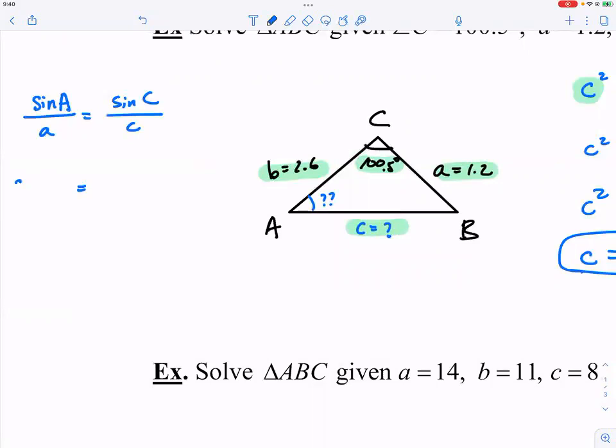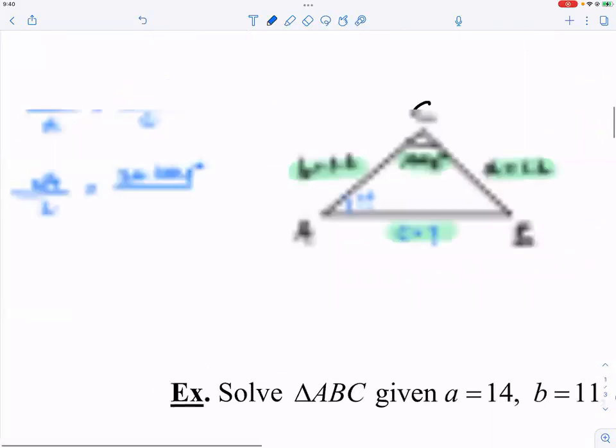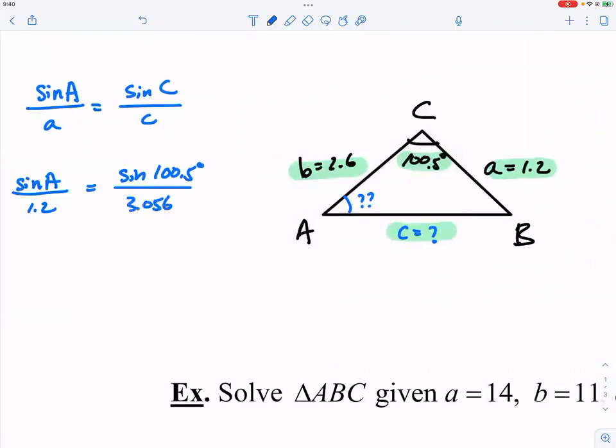Okay, so we have sine of A over 1.2, and then sine C, it's sine of 100.5 degrees over 3.056. So to get sine A, you have sine of 100.5 degrees over 3.056 times 1.2.